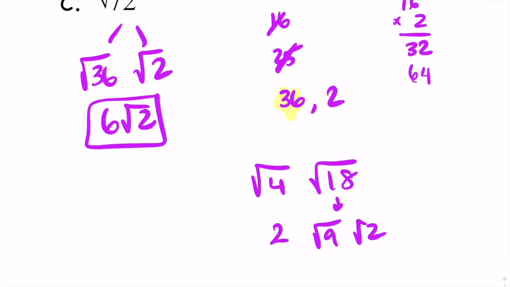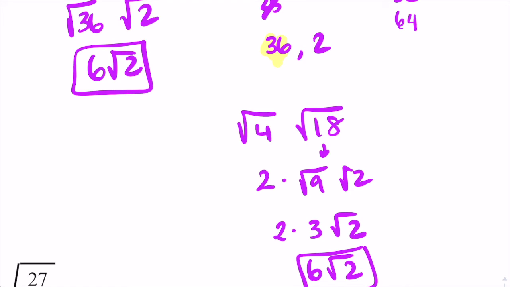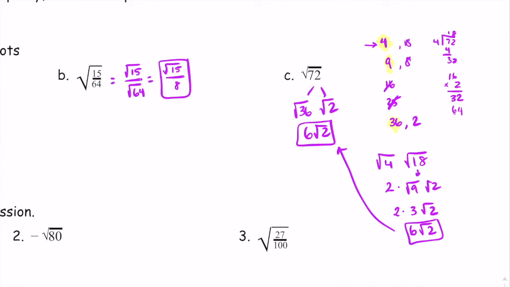Square root of 9 is 3, so I have 2 times 3 times root 2, so I get 6 root 2. I get the same exact thing, but less work if you choose the bigger one. As I said, since you are able to use a calculator, I would just keep going until you are not able to divide and fit inside these integers. So I get 6 root 2 to be my simplest form.